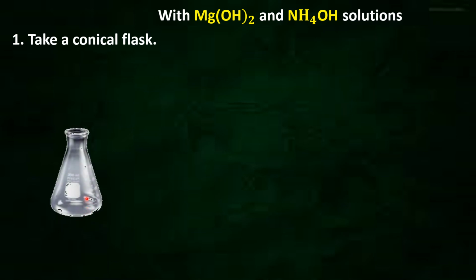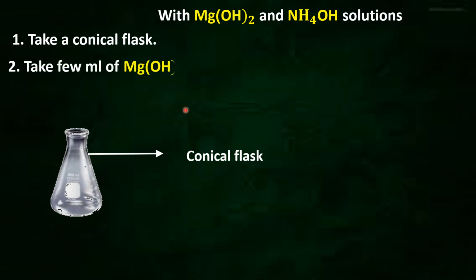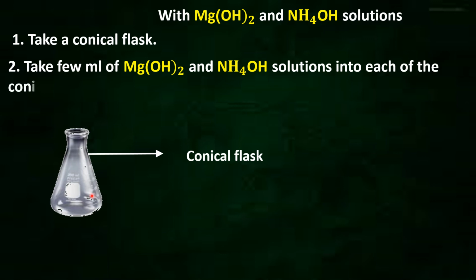We know that this is a conical flask. Now we have to take a few ml of the magnesium hydroxide solution into this, and take a few ml of ammonium hydroxide in the other conical flask.